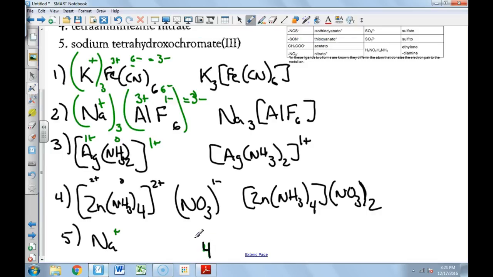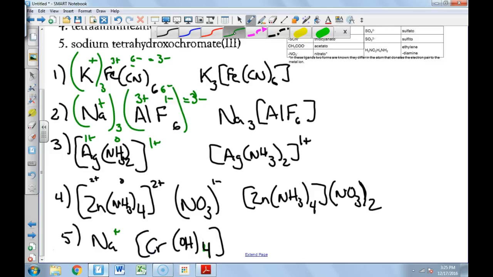So tetra, and then hydroxo is OH, and then chromate comes from the chromium, and that's 3 minus. Now this is all one ion. Charges, let's see, hydroxo, that's a 1 minus.